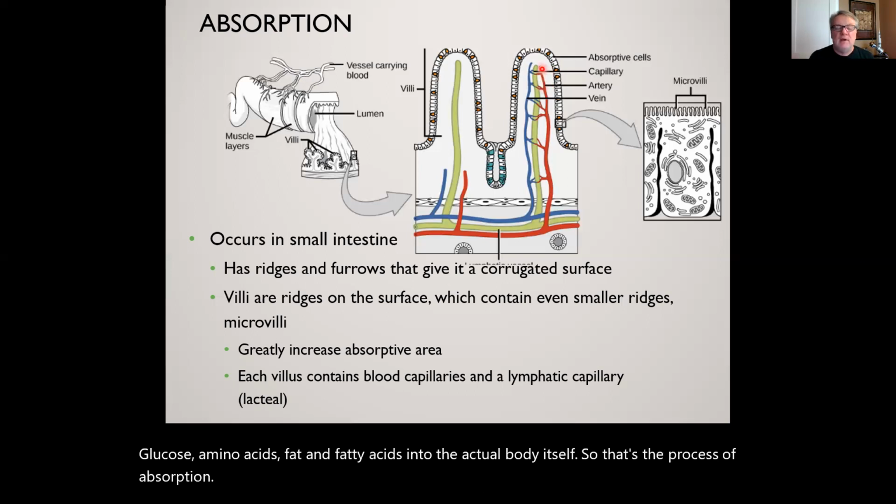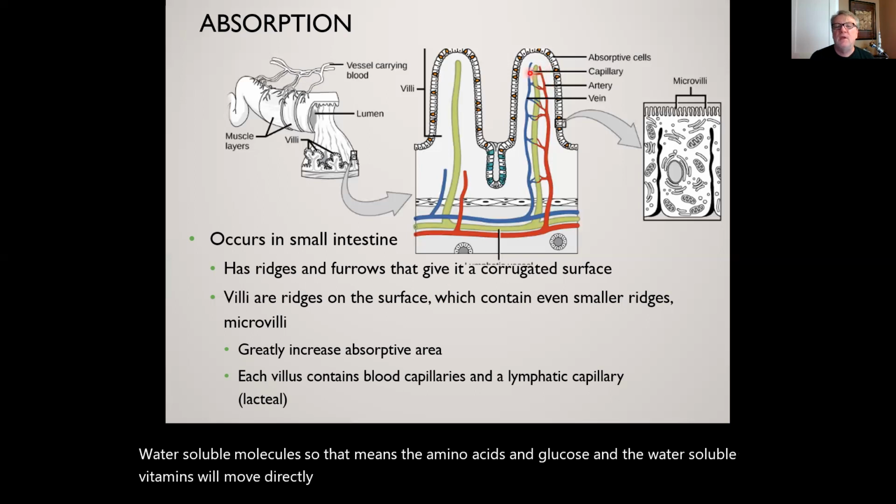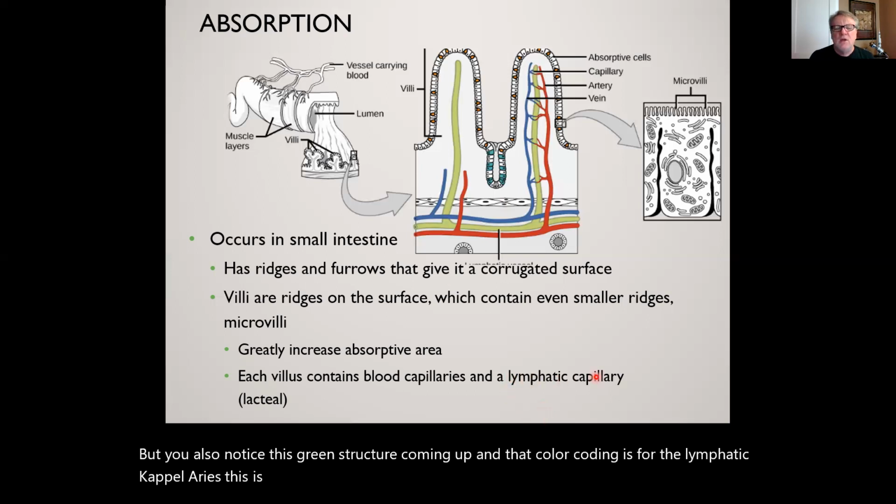And the water soluble molecules, so that means the amino acids and the glucose and the water soluble vitamins, will move directly into the blood supply. But you also notice this green structure coming up, and that color coding is for the lymphatic capillaries. This is the lymphatic system, which is known as your immune system.